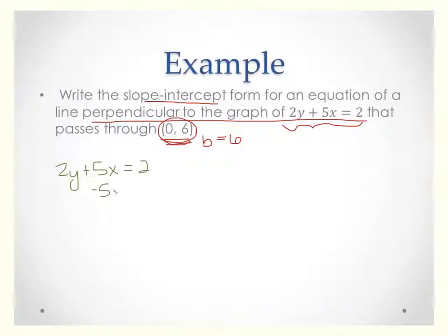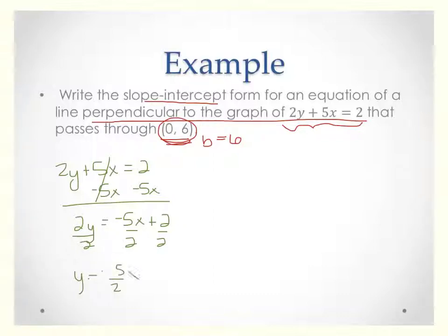So we're going to subtract 5x from both sides. You're going to put your 5x in the front. Divide by 2. So y equals negative 5/2 x plus 1. So the slope of this line is negative 5/2. What is my perpendicular slope?